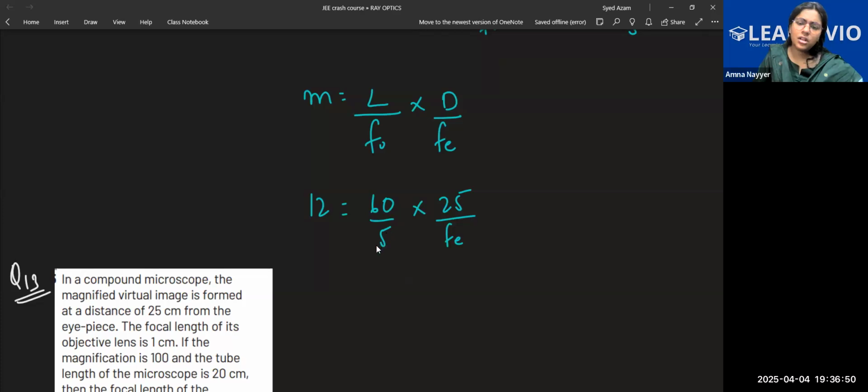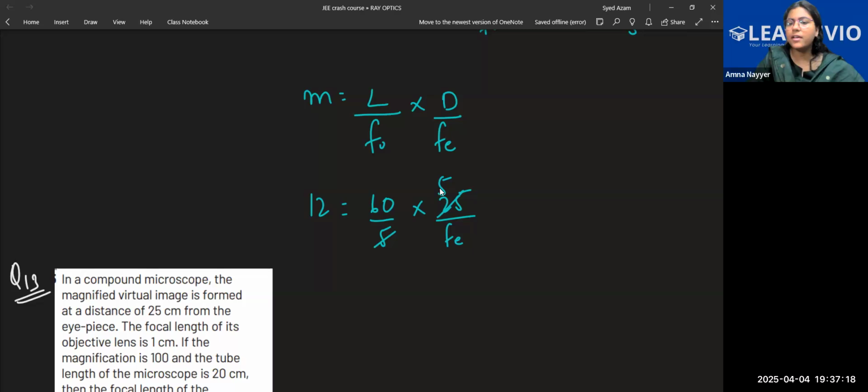So we can resolve this. This becomes 5, 60. So length of the tube is 60, right? So 12 is there, 5 is there. So how much will it come? This is 25, 60, 5 and 12.